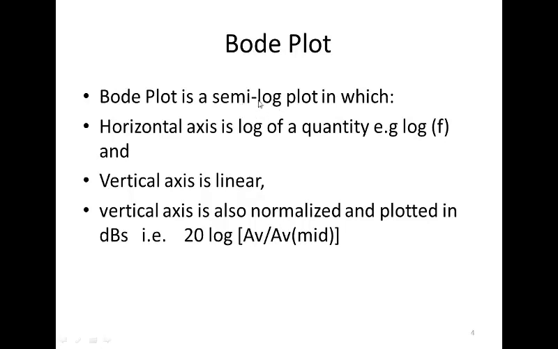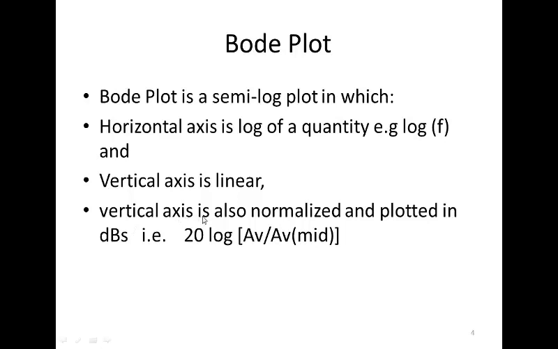There are also log plots, in which both axes are log axes. So a Bode plot is the semi-log plot in which frequency is plotted as log of f, and the gain is plotted in a linear scale. The scale of the vertical axis is linear, while the scale of the horizontal axis is the log scale.